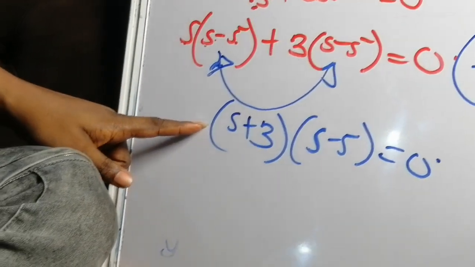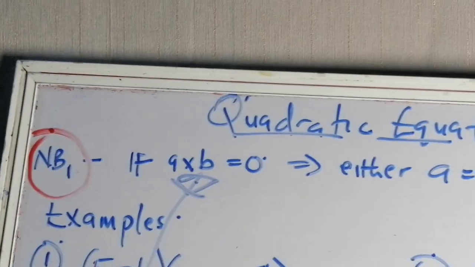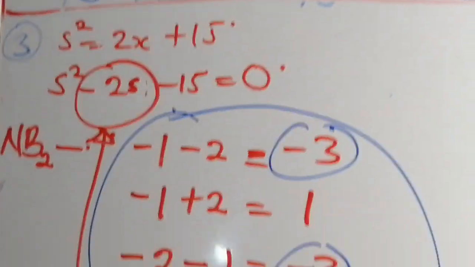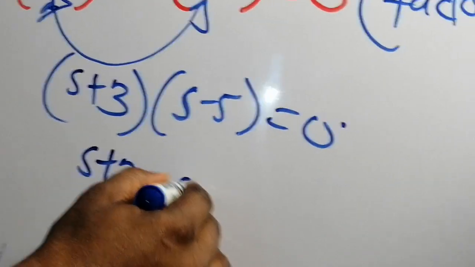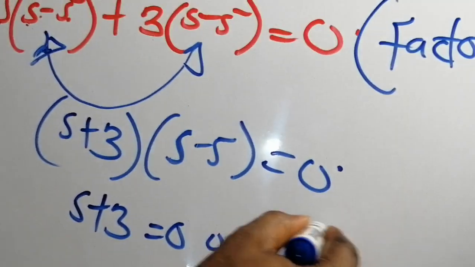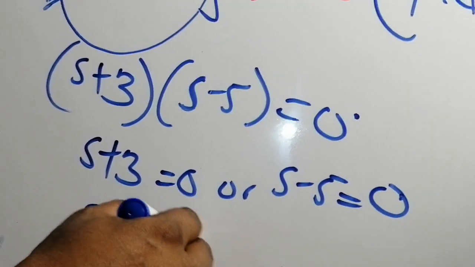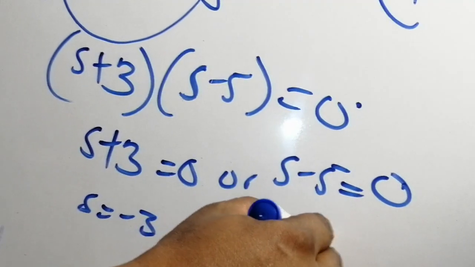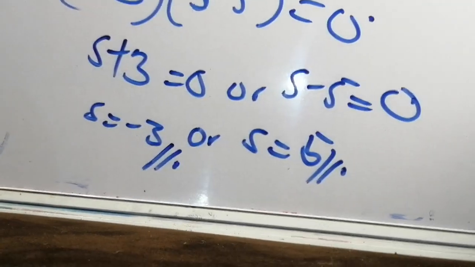This has turned back to note 1 that you have there. So if S plus 3 and S minus 5 equals 0, it means that either of them is equal to 0, which shows that S plus 3 equals 0 or S minus 5 equals 0. It means that S is equal to minus 3 or S is equal to 5. So that is just the answer here.